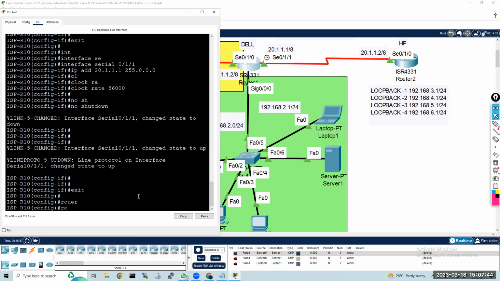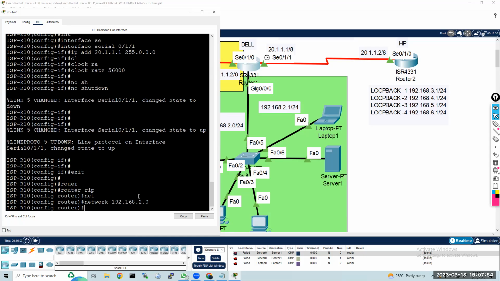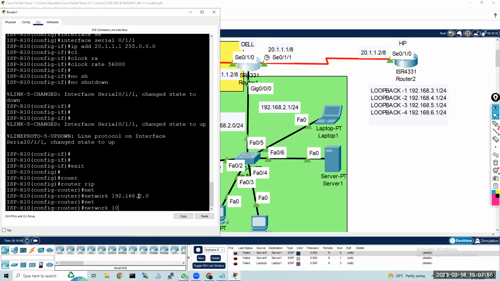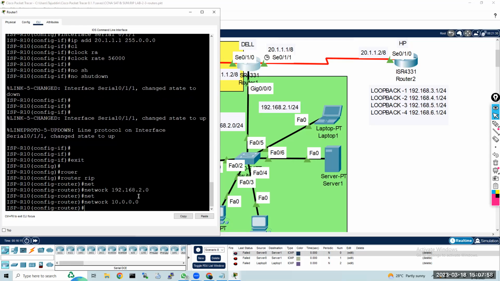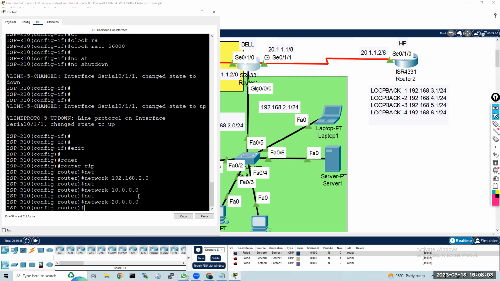Router RIP, network 192.168.2.0, then network 10.0.0.0, then network 20.0.0.0. That's it.